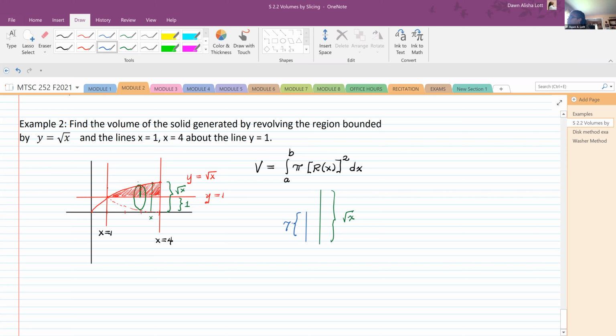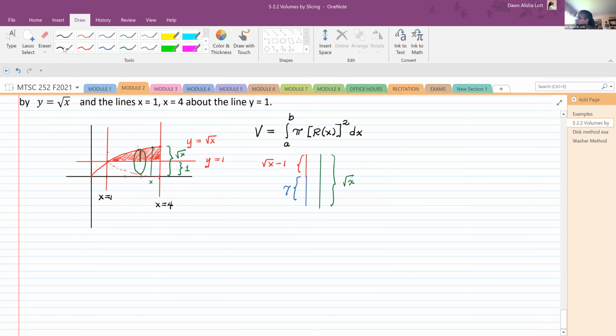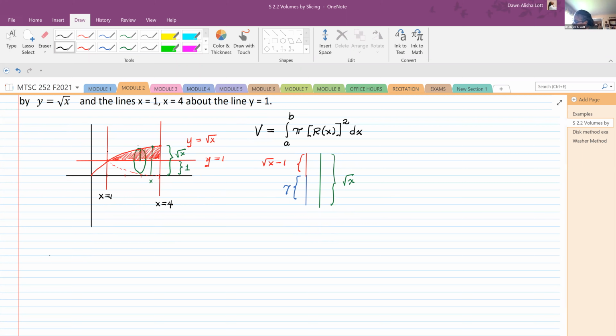And then I said that the distance that I really want, which is this piece, will then be the square root of x minus 1. So that is going to be the radius of my circle. Therefore, r of x for this problem is the square root of x minus 1.